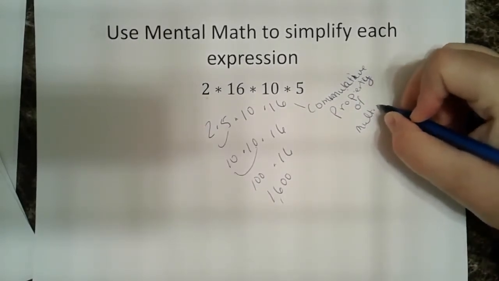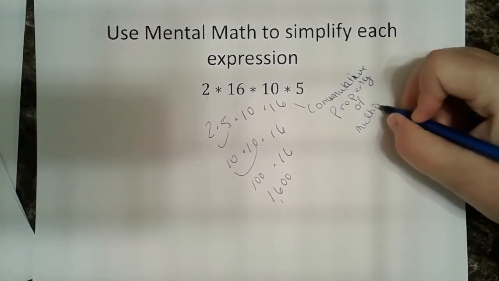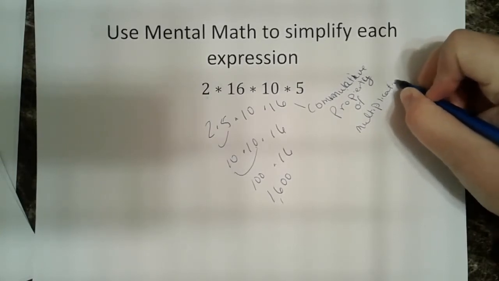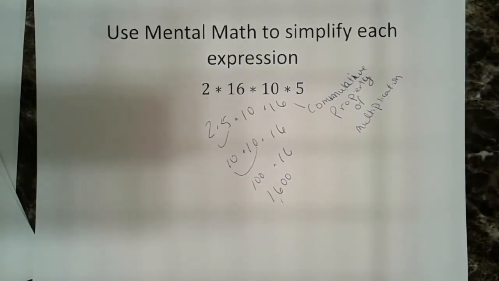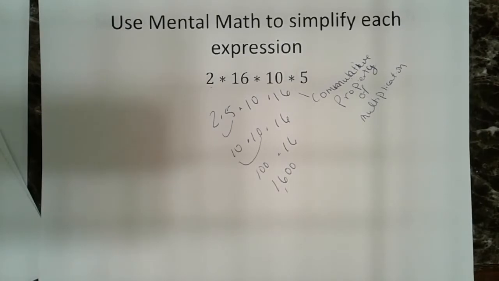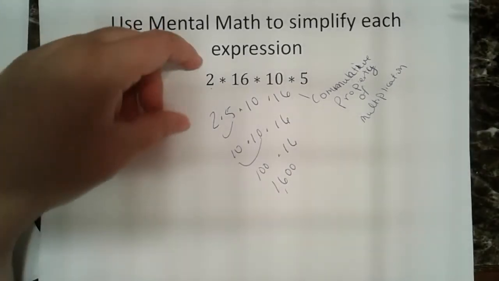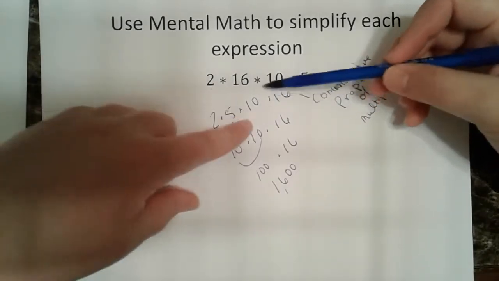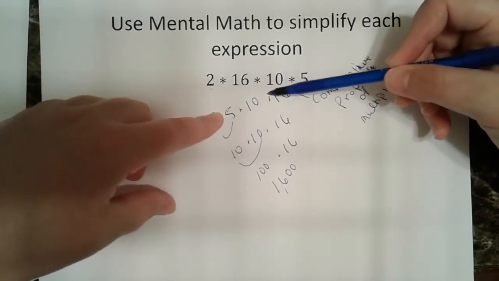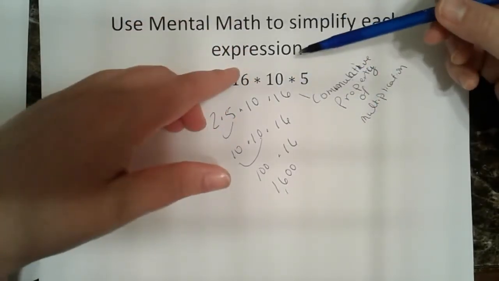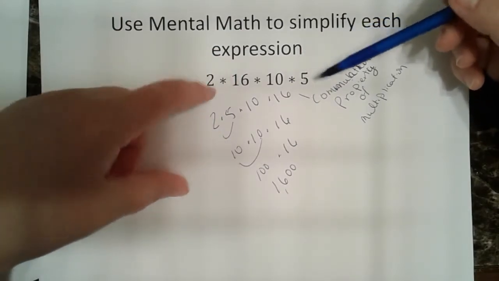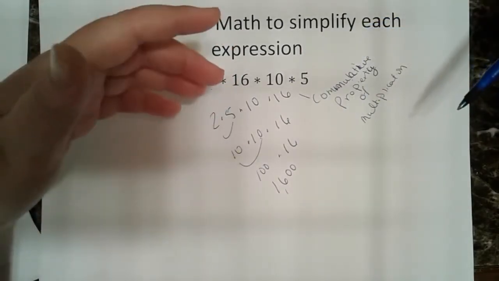All I did was change the order of these. Some people will tell you that the associative property was probably involved in here too. If you want to get technical. But really, all I did was switch the order around. So the commutative property was probably the best for this, in my opinion.